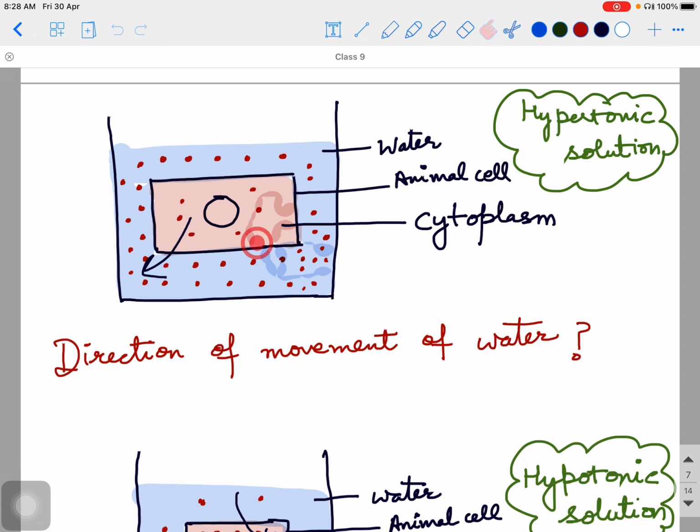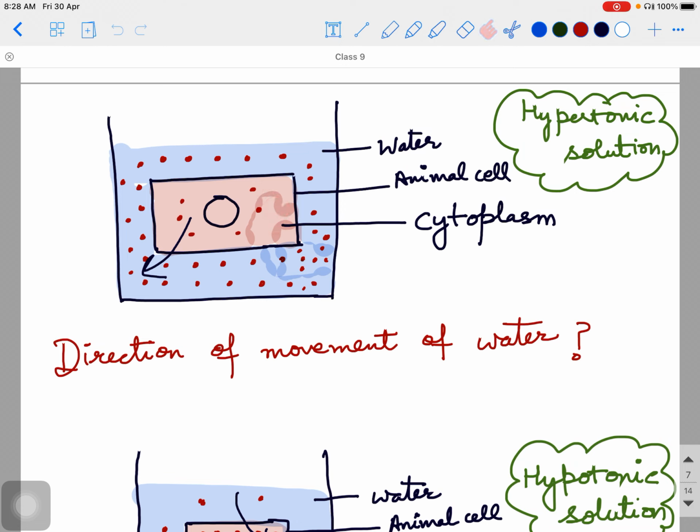One cell will not be present here. Many cells will be present in the beaker. So don't get confused by thinking that one cell will have very little water and the beaker will always have more water concentration as compared to the cell. That is not the case. We have shown only one cell for the sake of understanding the concept. There will be many animal cells in the beaker.